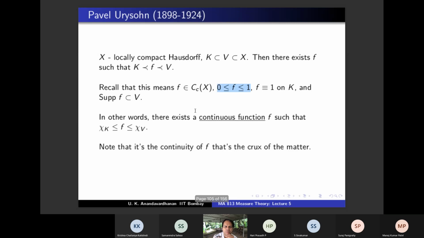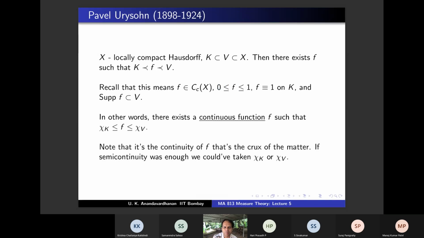Yeah, so maybe here also I should be a bit careful, because I cannot say chi V is of compact support, right? But other than compact support, all other properties are satisfied. Let me just double check. Even if there's a mistake in what I'm saying, in practice there's no mistake, because in practice we will work with that thing in between whose closure is given to be compact.